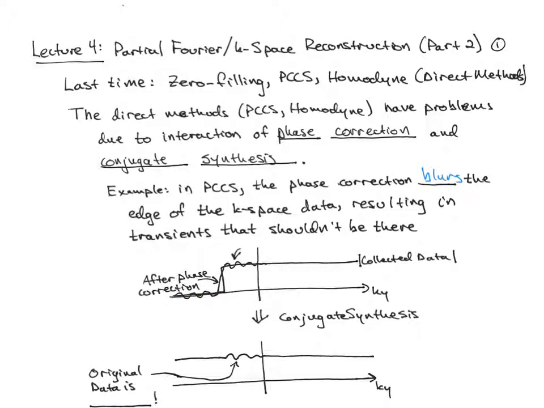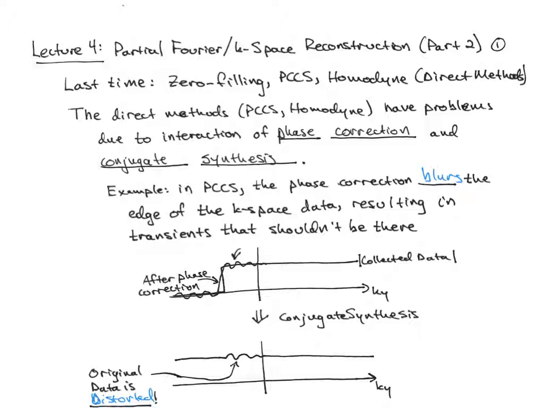And then when we do the conjugate synthesis, that is when we then copy the acquired asymmetric data to the unacquired region, we end up with this modulation of the data. So the original data near where the edge was is distorted by that phase correction. And this is what I mean when I say that these two steps have interacted with each other, right?